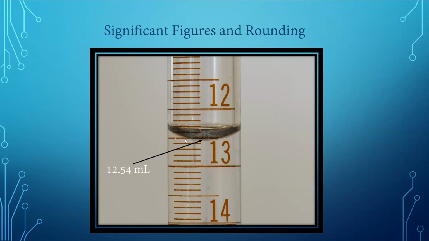Our measuring device here, this burette, is marked off to the nearest tenth of a milliliter, which means we can estimate it to the nearest hundredth. If your measuring device was only to the nearest milliliter, then you could estimate it to the nearest tenth of a milliliter. And we'll talk more about that in this week's lab experiment.